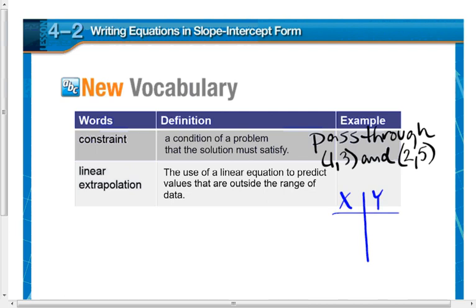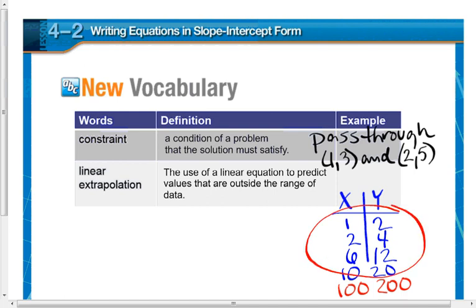If I put 1, 2, 2, 4, 6, 12, 10, 20, even if I don't see it there, what do you think 100 would be? If you guess that we're just doubling it every time, good. Using what we can see, we can make decisions about what we can't. Linear extrapolation. But we're going to be doing that with a linear equation. We're going to be predicting values.